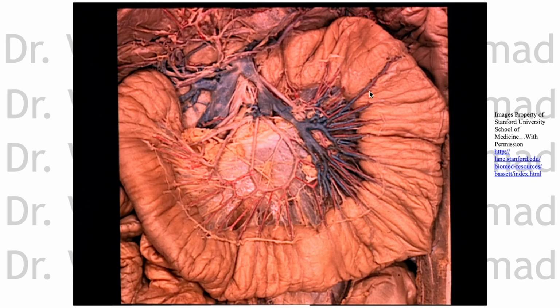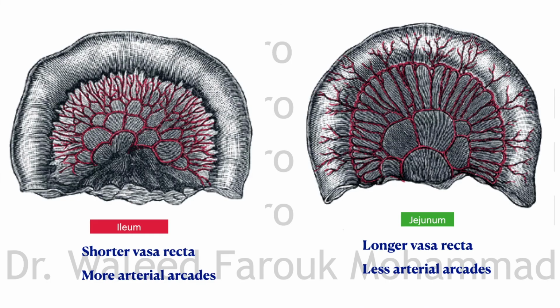Here you can see a piece of duodenum. How did I know? Because the arcades are few. They are not as numerous as what you will find in the ileum. And the vasa recta are long, with fewer arcades. If we make a comparison, this is part of the ileum. See, this has shorter vasa recta.